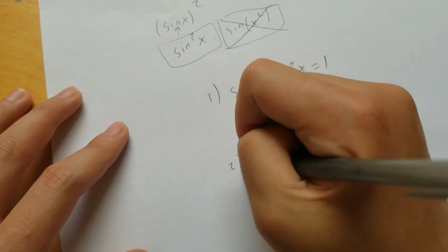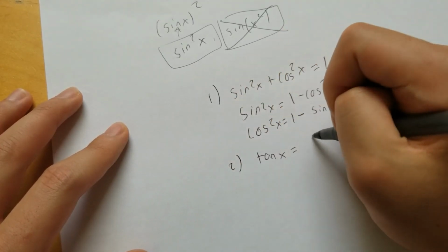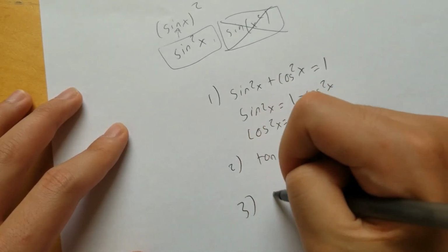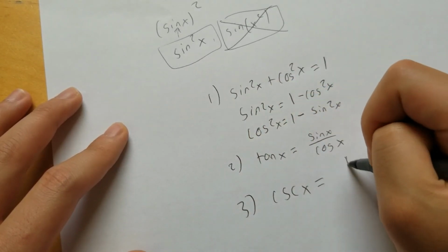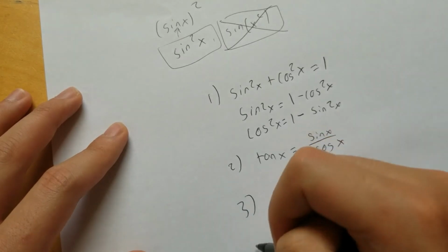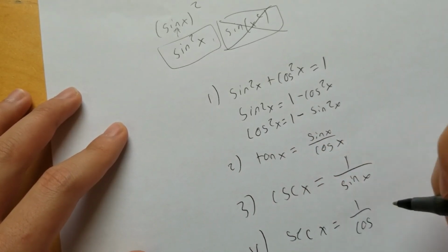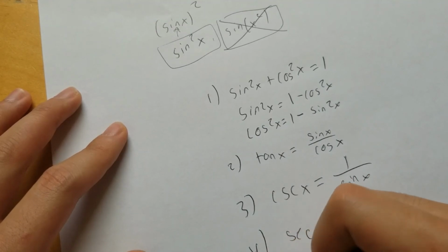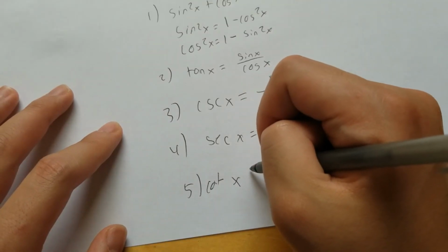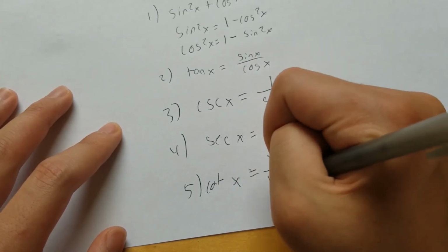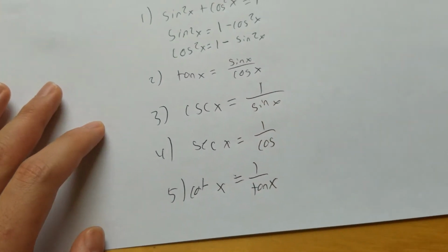Okay, 2, tan x equals sine x over cosine x. 3, cosecant x is 1 over sine x. And 4, secant x equals 1 over cosine x. 5, cotangent x is 1 over tan x, like that.